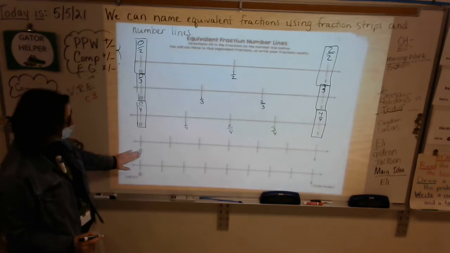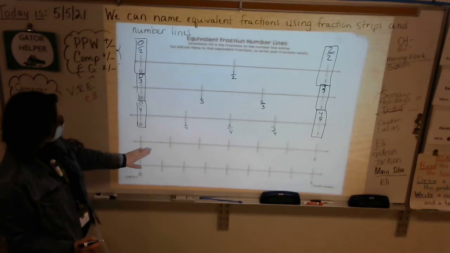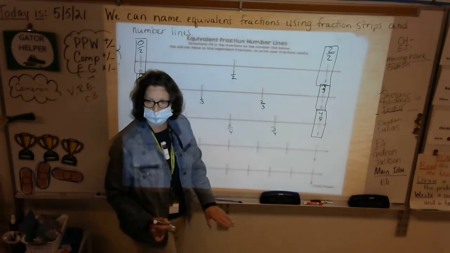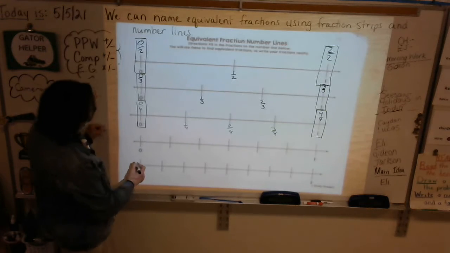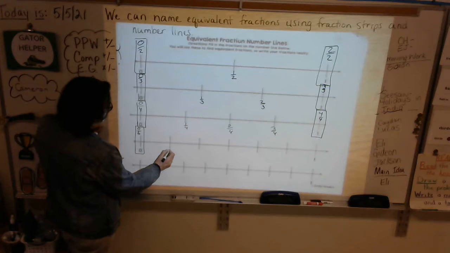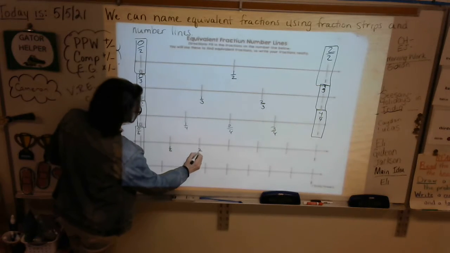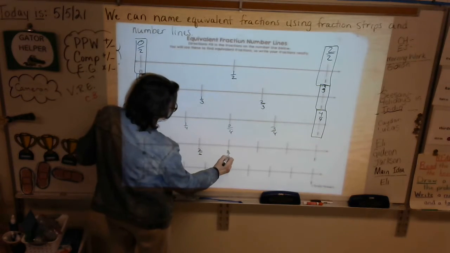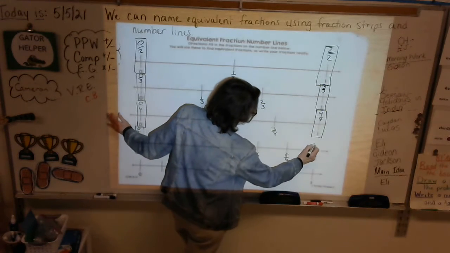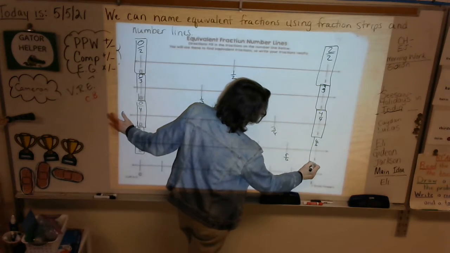Okay, on my next number line, I'm going to count the equal parts. I have 1, 2, 3, 4, 5, 6 equal parts. 6 equal parts means my unit is sixths. At 0, I have counted 0 sixths. And then it would be 1 sixth, 2 sixths, 3 sixths, 4 sixths, 5 sixths, and 6 sixths. That's the whole number 1.